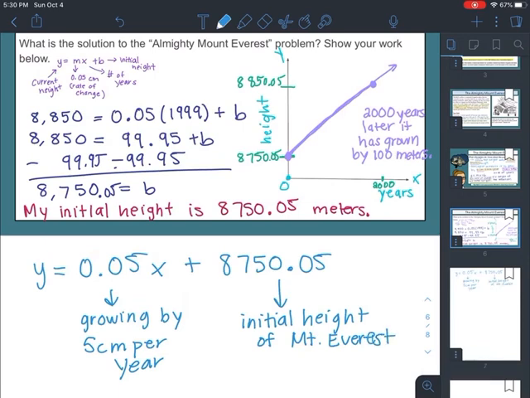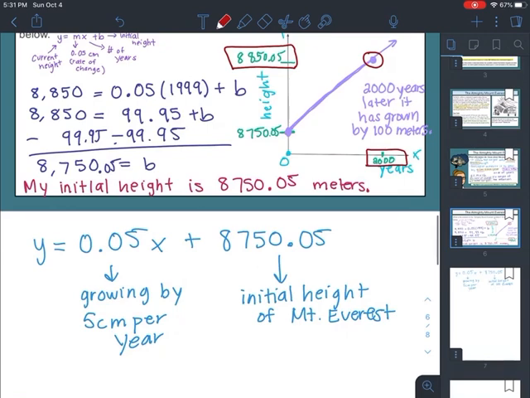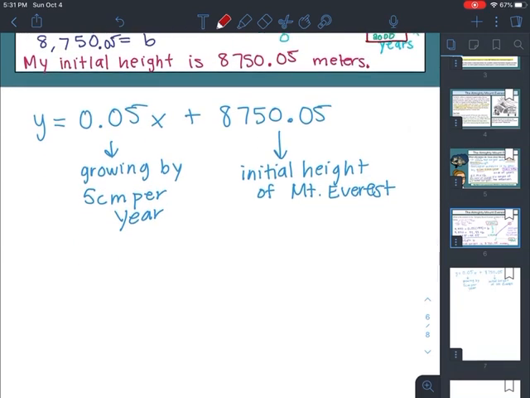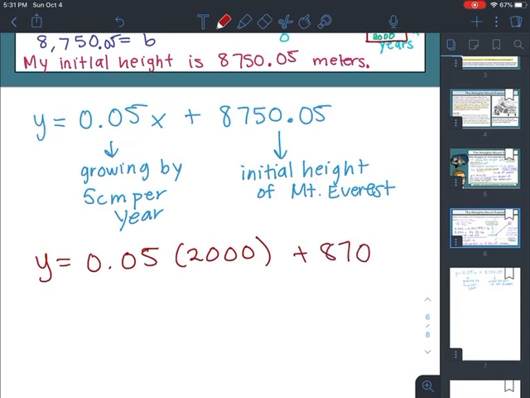Now you're probably wondering, Ms. Tomlinson, how did you get this value right here? How did you know that it was this value at the year 2000? That's a great question. Now I have my formula, so if I want the year 2000, I substitute that in for x, and I get y equals 8,850.05.